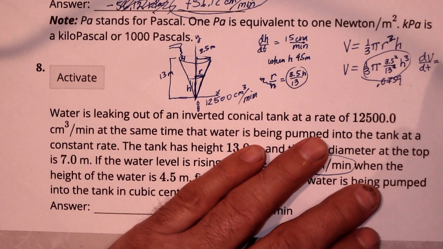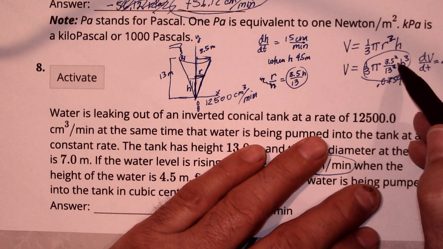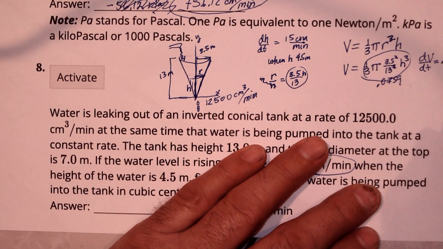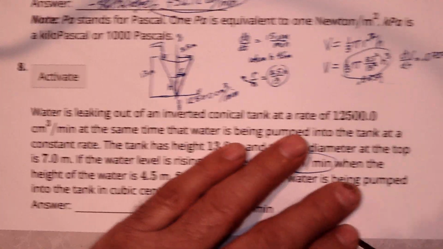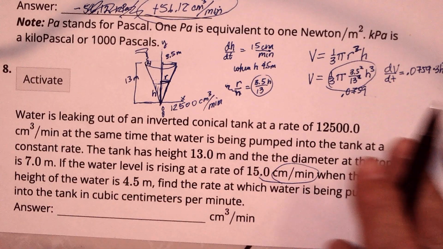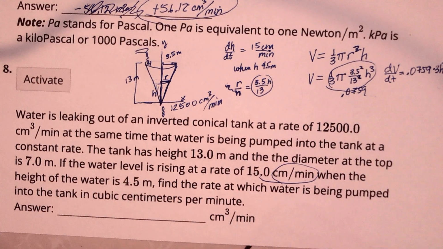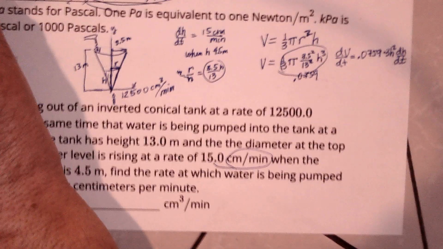So dV equals 0.0759 times 3h squared dH dt. Off the page there for you. Let's adjust the camera a little bit.